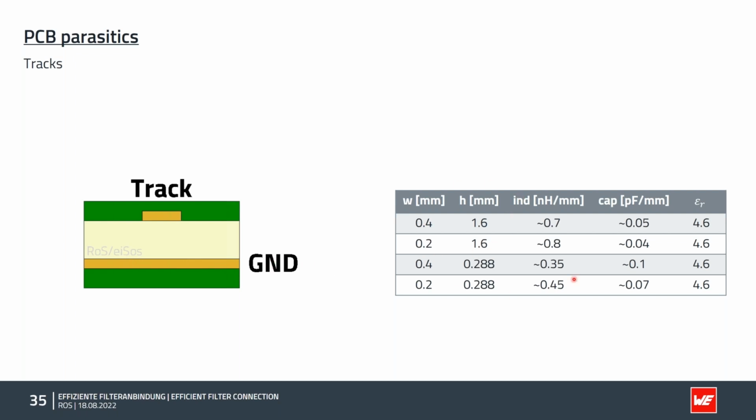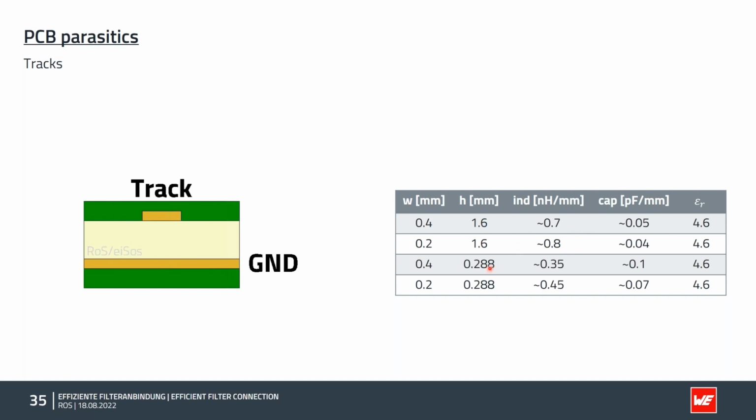And I put here a table with some different widths and thicknesses of the PCB and the resulting inductance in nanohenry per millimeter, with an epsilon R of 4.6. You get for a 4 millimeter line around 0.7 nanohenry per millimeter.